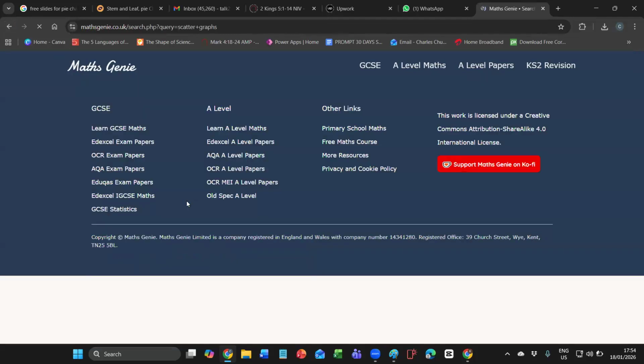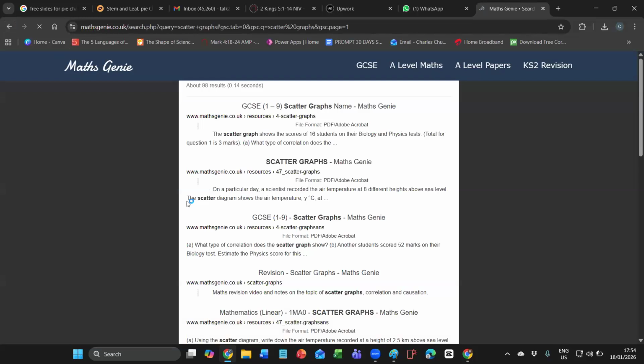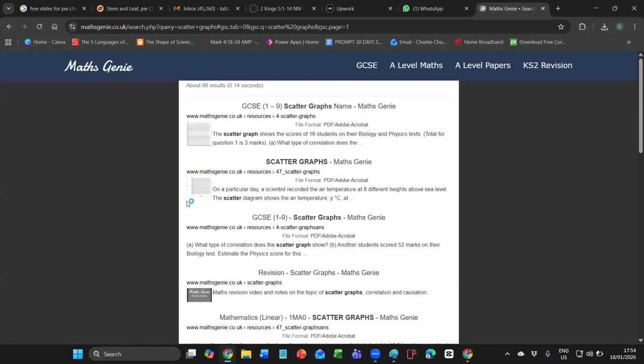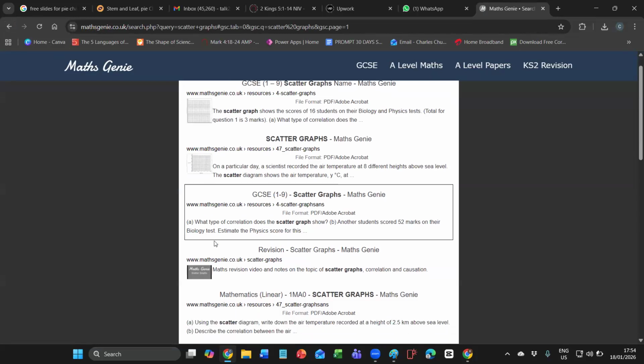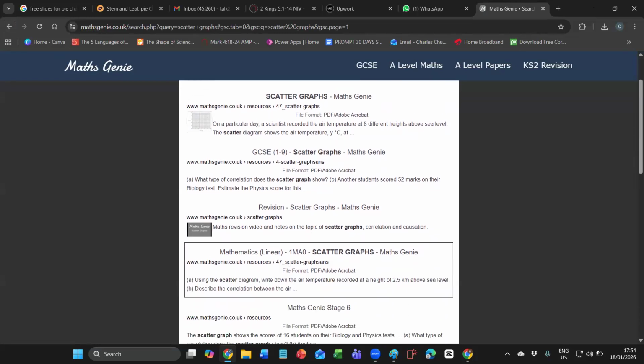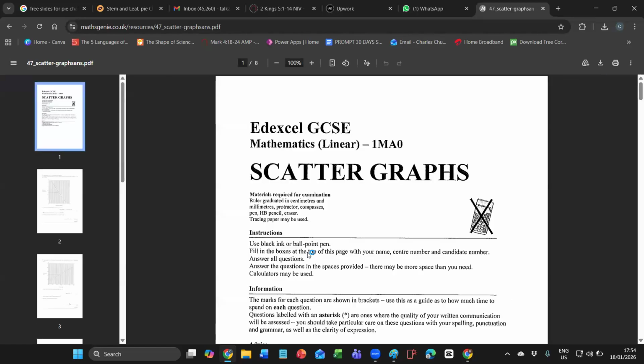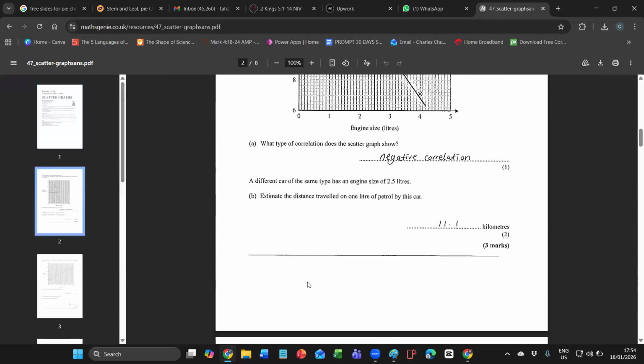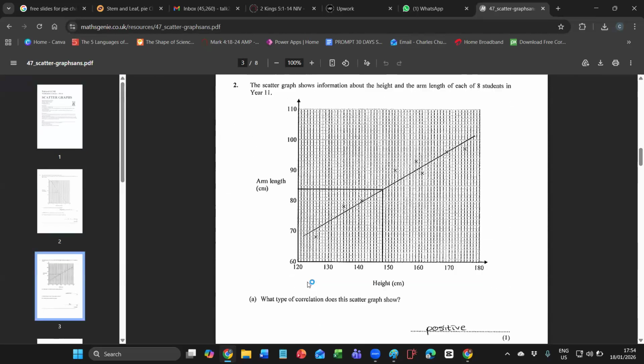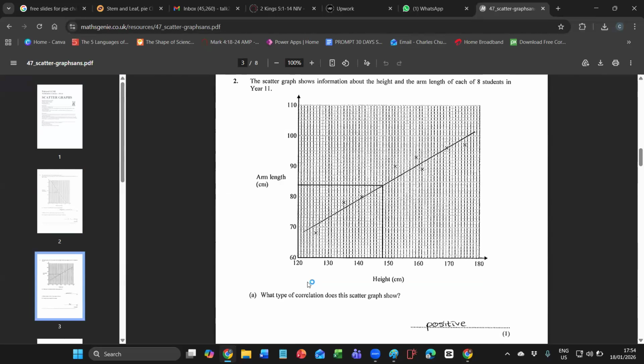Okay, so let's take this. Are these the kind of graph? I think so.